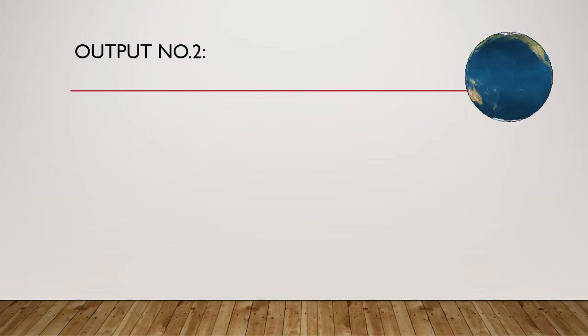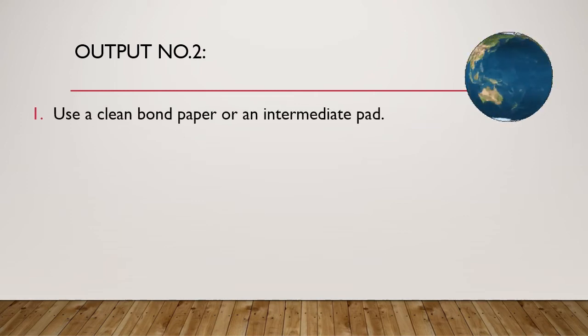Now, since you are done already watching the video and I'm done already giving you inputs, this time you are going to make an output. This is now your second output for the second quarter. Use a clean band paper or an intermediate pad.